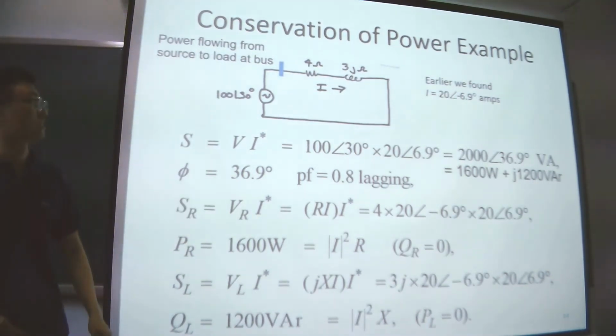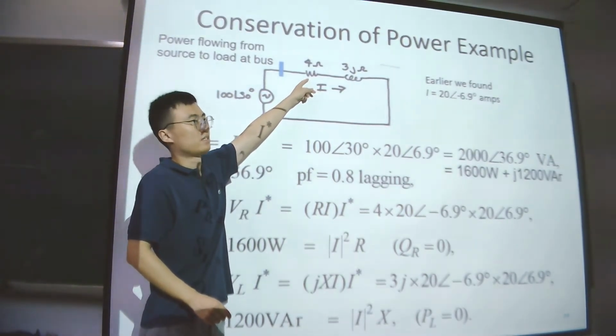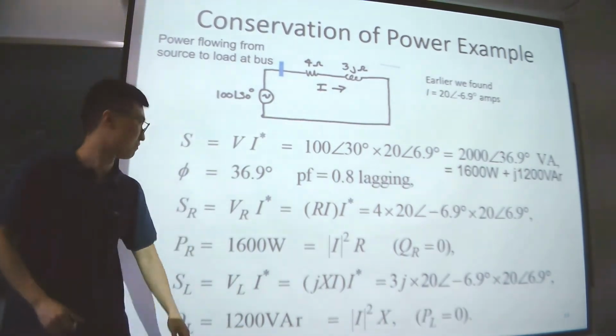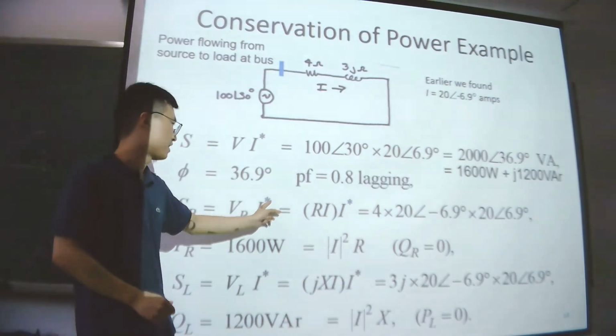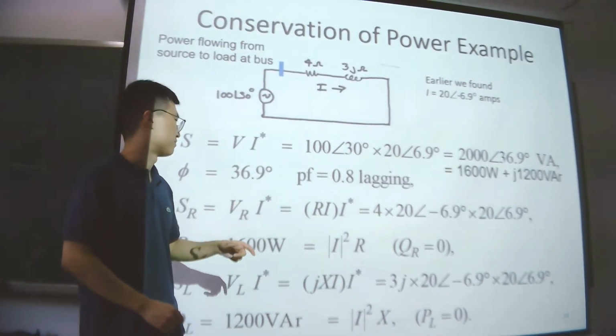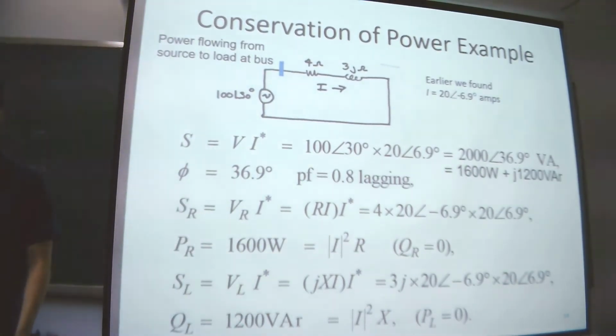So the current is just going through these resistors, right? Can you understand this? Why the current with the conjugate star and the upper row current are different? Have you understood this one? Okay, so the power of these resistors is pretty easy.